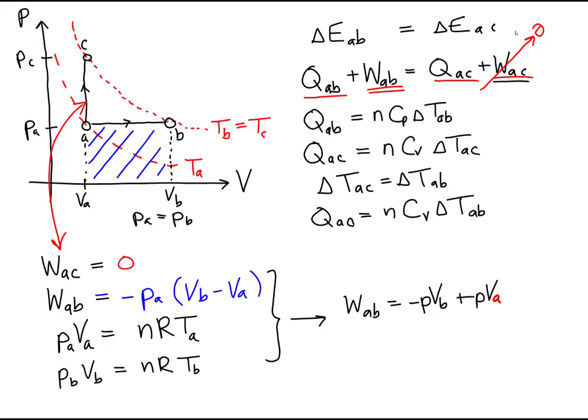Well, remember the pressure at state B is PB, and the pressure at state A is PA.